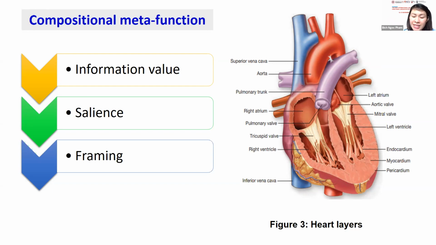the heart, illustrating the heart chambers, heart layers, and major blood vessels associated with the heart. And salience and framing are the main principles of information value in images. Salience can be realized through size, color contrast, movement, and anything that distinguishes one element from others. Ideas are expressed by means of agency and color.